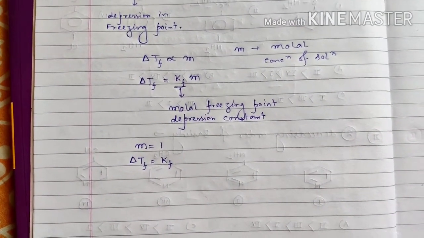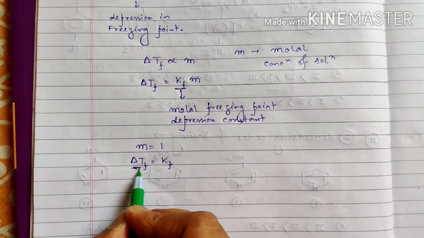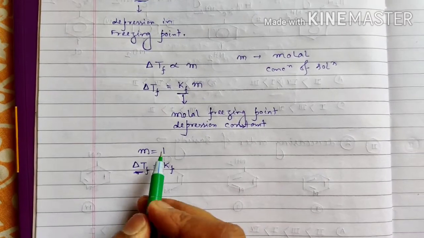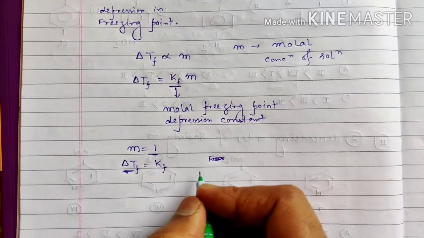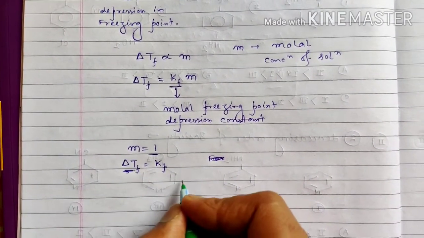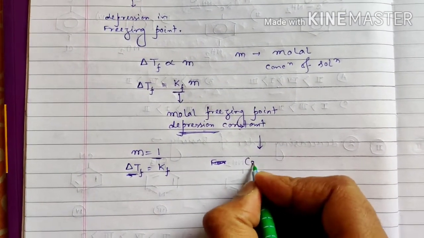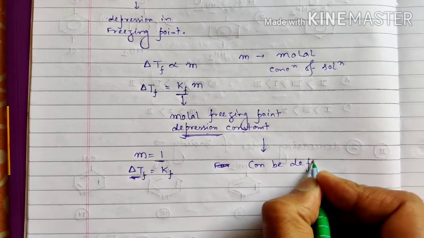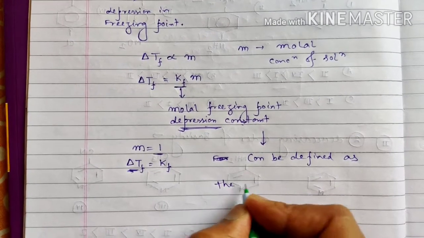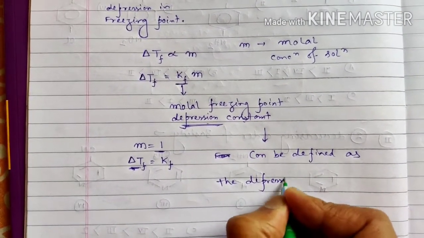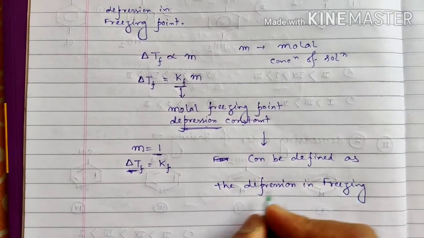So we can say that the molar freezing point depression constant is the depression in freezing point for 1 molar solution. So we should say that this one, molar freezing point depression constant, can be defined as the depression in freezing point.